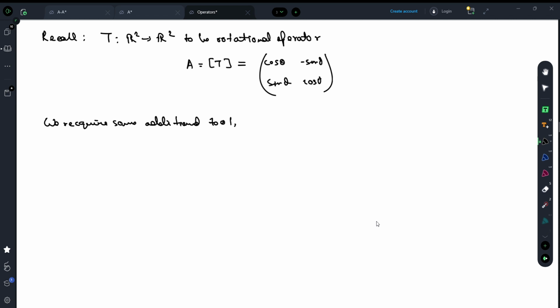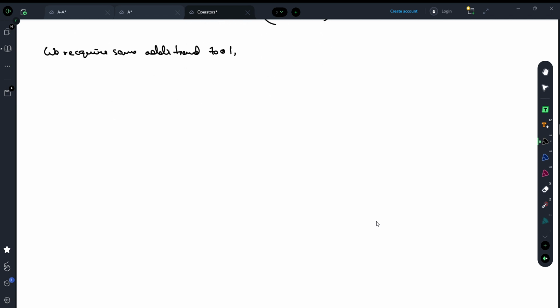Okay, so how can we do that? The tool we require is what we call a self-adjoint operator. The definition is pretty obvious and simple as well.